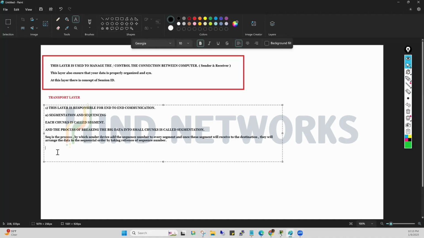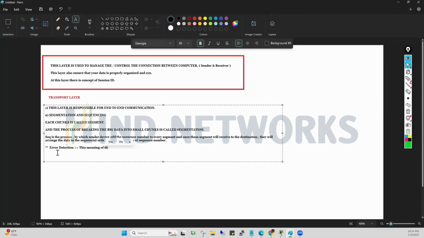There is one more feature at the transport layer that is called error detection. What do you mean by error detection? Error detection means just finding out the error, to check for the error.